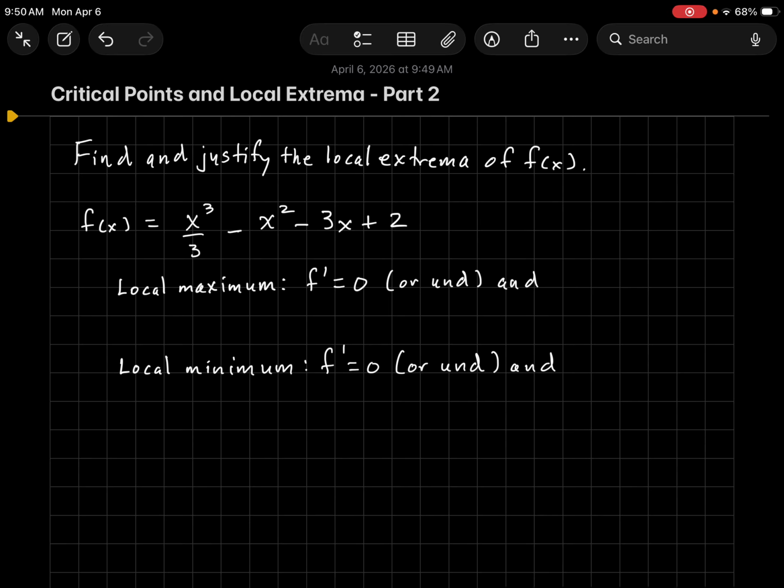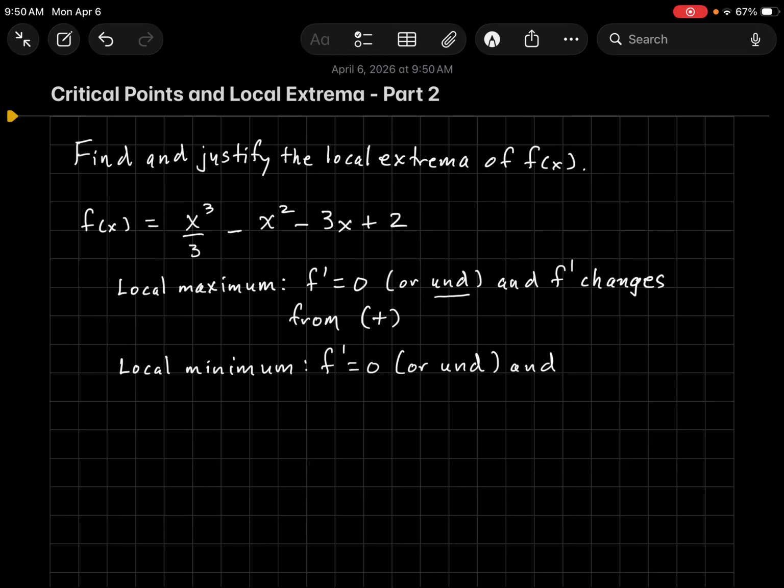In the first example, f of x equals x cubed over 3 minus x squared minus 3x plus 2. A reminder, a local maximum is when f prime is 0 or undefined, my shorthand for undefined, and f prime changes from positive to negative.